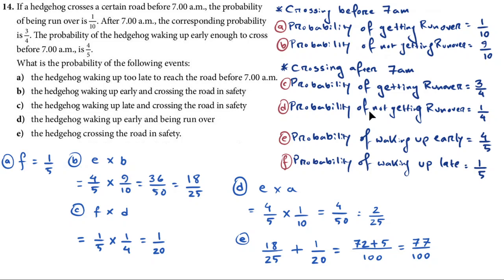So it will be 1 by 4. That is D. So F times D. That's 1 by 5 times 1 by 4. That gives us 1 by 20.